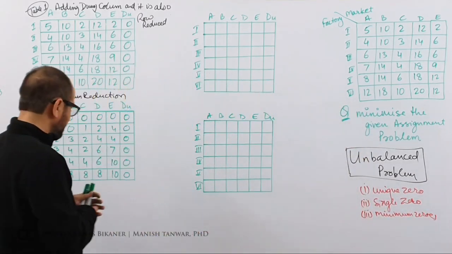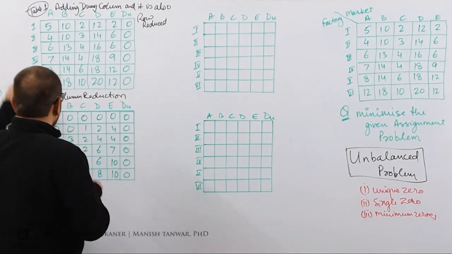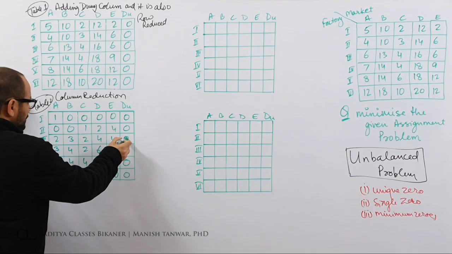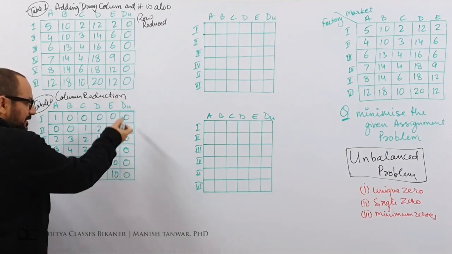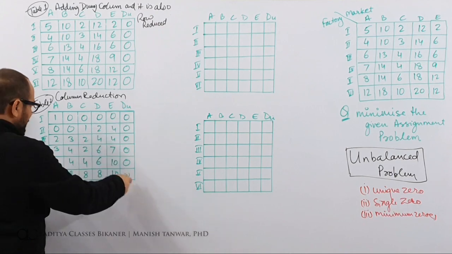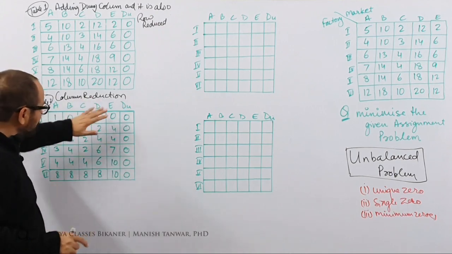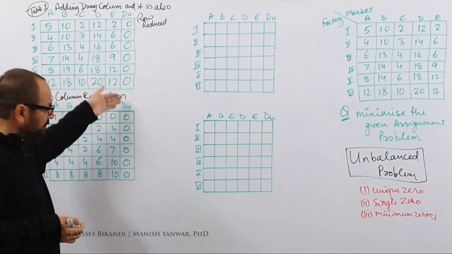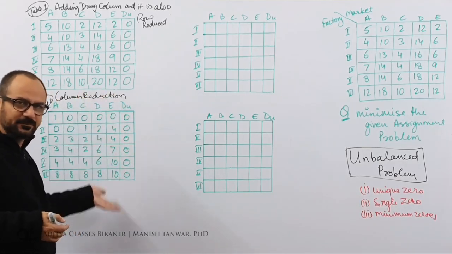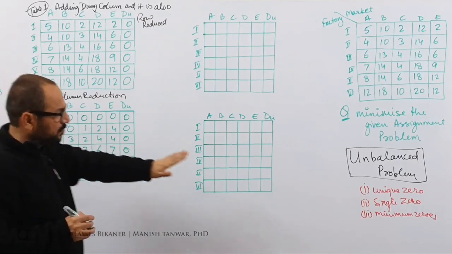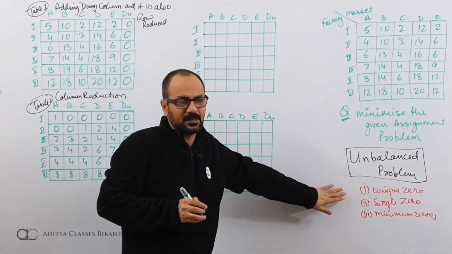So let us see if there are any unique zeros. 4 zeros cannot be unique, 3 zeros cannot be unique. One 0 could have been unique, but then there are 5 zeros, they cannot be unique. I have scanned all zeros; these cannot be unique because there are multiple zeros in the rows. None of these has the capacity to be unique because they have other zeros. So there are no unique zeros.